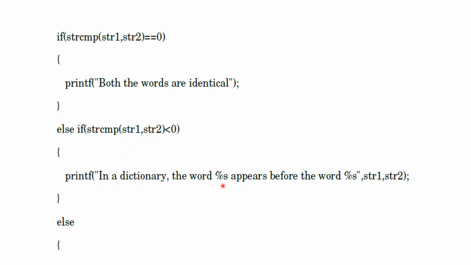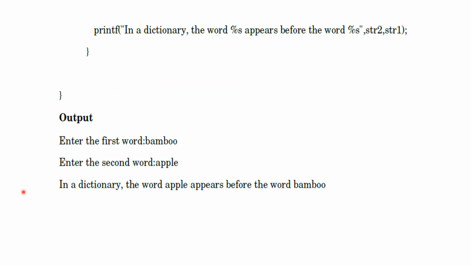That is, print in the dictionary the word, here the percentage S is for str1, the string in str1 appears before the word, this percentage S is for str2. So when the function returns a negative value, this indicates string2 is greater than string1. And else, when the function returns a positive value, it means str1 is greater than str2.